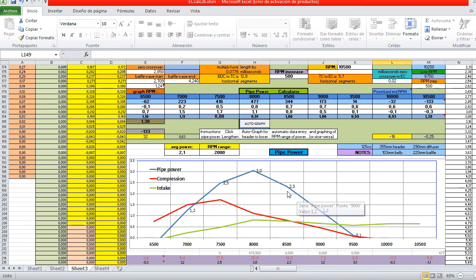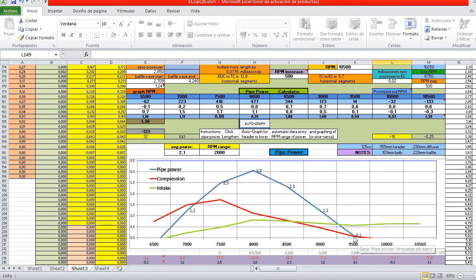Sometimes, actually in the very beginning, you might want to take note here. Like in this case, I wanted the end of pipe power band to be at 10,000, but I've undershot that by 9,500. Not because sheet 1 is screwy, but because it's hard to predict the effects of the secondary waves on changing that end of pipe power band RPM.